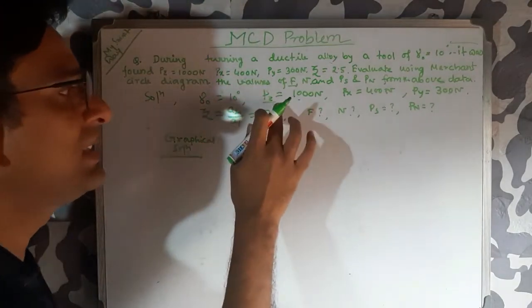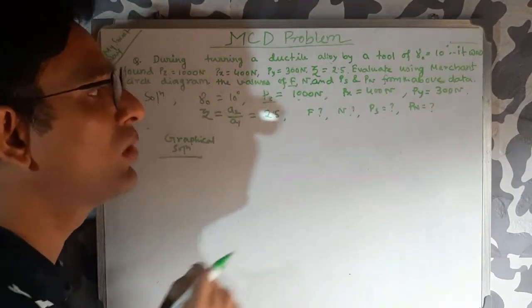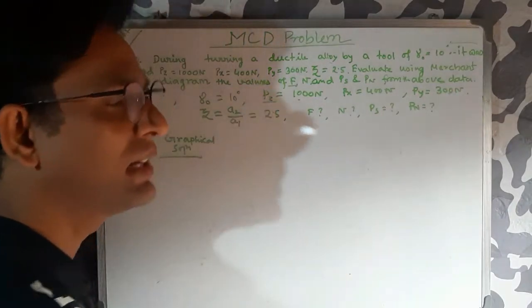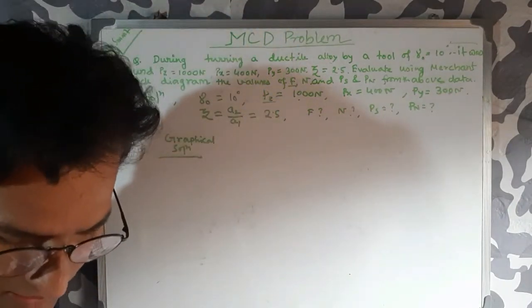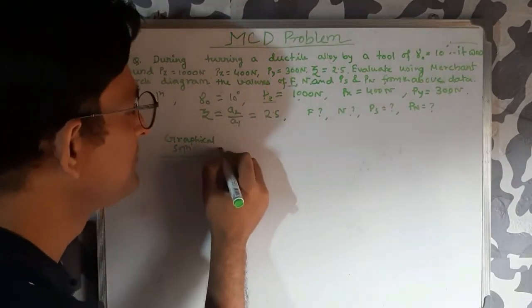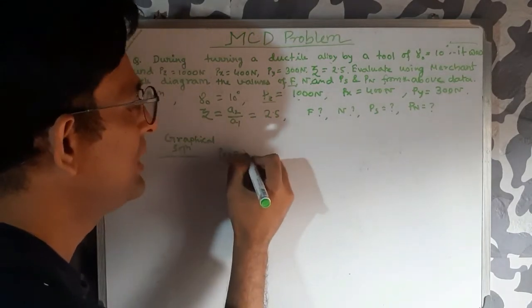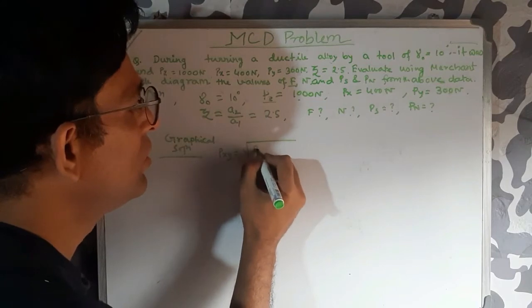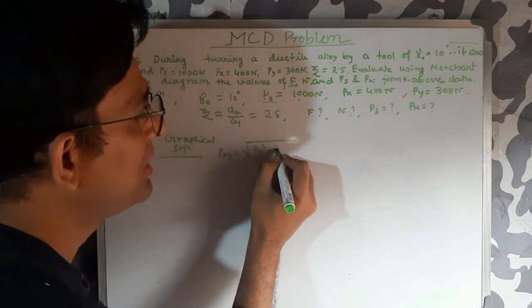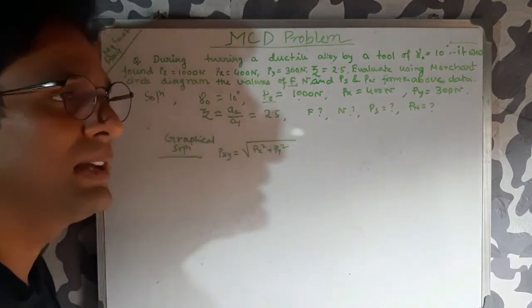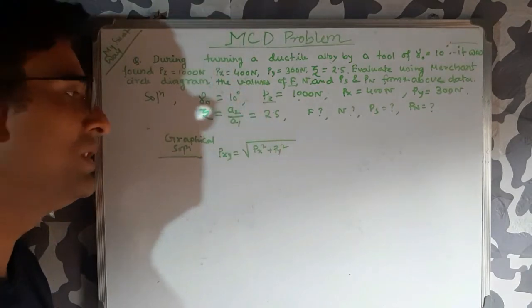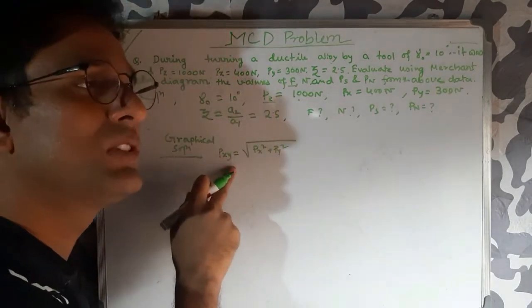See, Px is equal to 400 Newton, Py is equal to 300 Newton. So what is the value of Pxy? Pxy is equal to the root of Px square plus Py square, because Px and Py are perpendicular to each other, and their resultant force is Pxy.